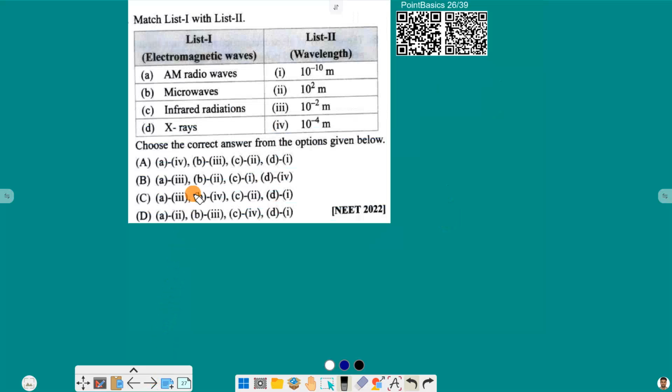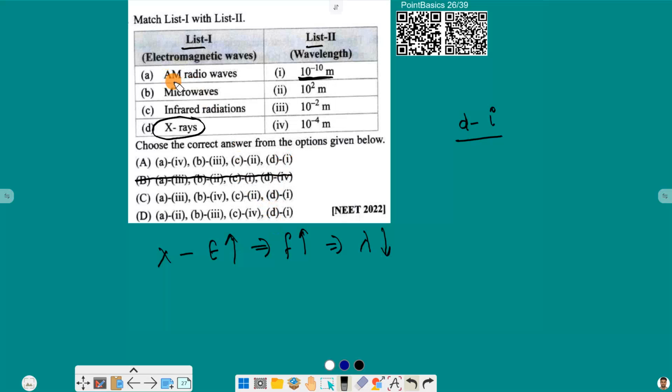In the next one, we have to match list 1 with list 2, where we have radiations and wavelengths. So we know that for X-rays, energy is highest, so frequency is highest, which means lambda will be the smallest, and the smallest value of lambda is 10 raised to power minus 10 meter here. So we can say D should match with 1, and if we see from that, option B gets cancelled, because in all three remaining options D is matched with 1.